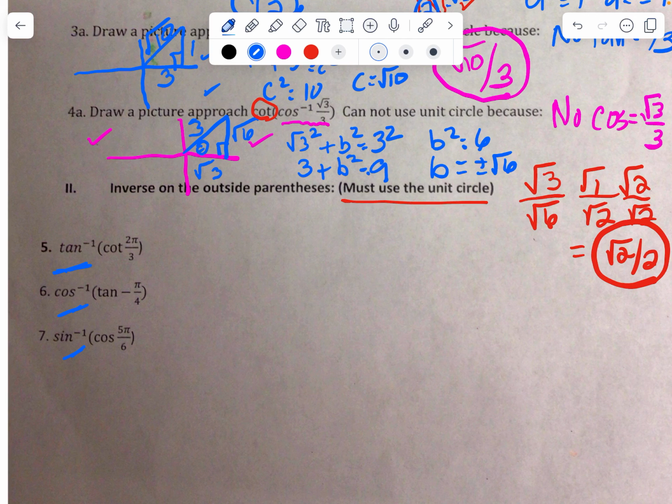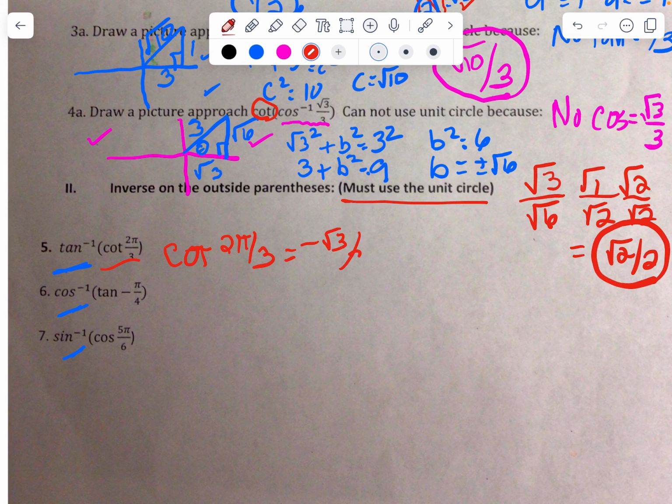So once again, we do the inner parentheses first. That says, what is the cotangent of 2 pi over 3? So you answer that question first. The tangent of 2 pi over 3 is negative root 3. So the cotangent is negative root 3 over 3.